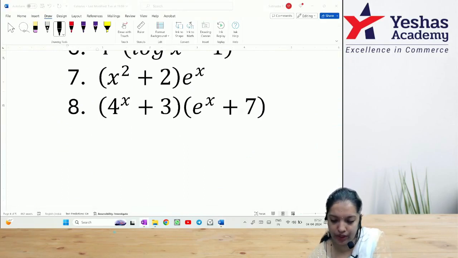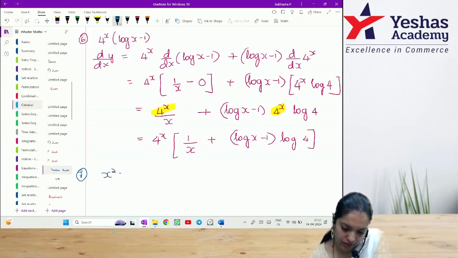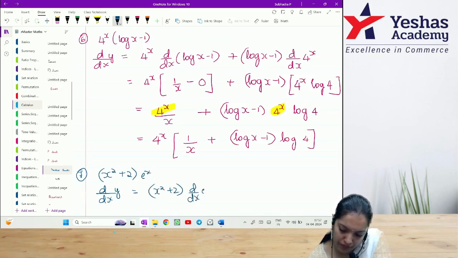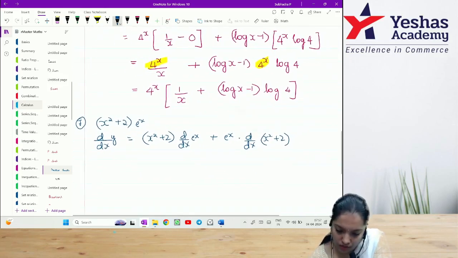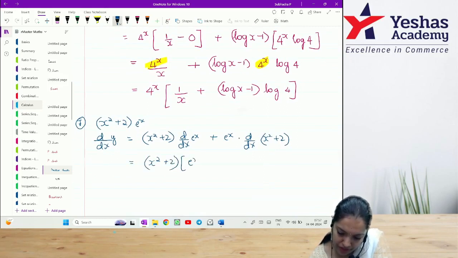x square plus 2 into e power x. Derivative of y is given as x square plus 2 into derivative of e power x plus e power x into derivative of x square plus 2, which will be x square plus 2 into what is derivative of e power x? e power x, plus e power x into what is derivative of x square? 2x.